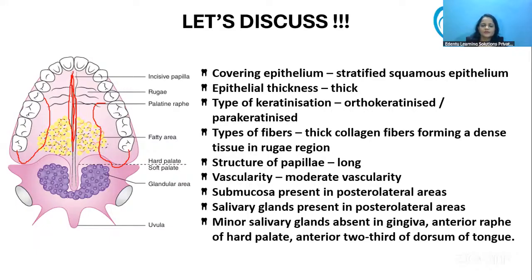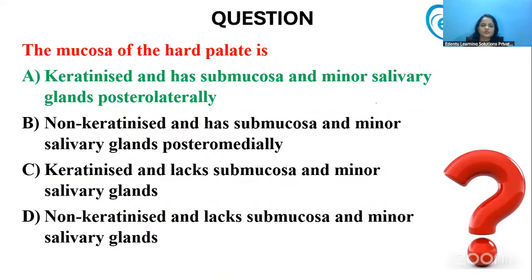Okay, so the right option among these is that the mucosa of the hard palate is keratinized and it has submucosa and minor salivary glands posterolaterally. The second option is non-keratinized, so no, it doesn't have a non-keratinized epithelium. The third option is keratinized and it lacks submucosa and minor salivary glands.